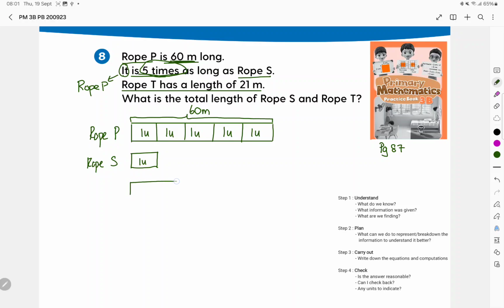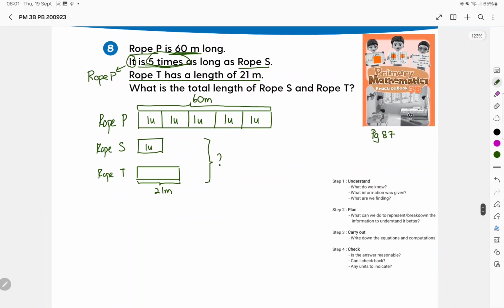So we can just draw a bar, and we do know that this is rope T and it has a length of 21 meters. And what do we want to find? We want to find the total length of rope T and rope S. So this is the question mark. Alright, so this is what we understand from the question.